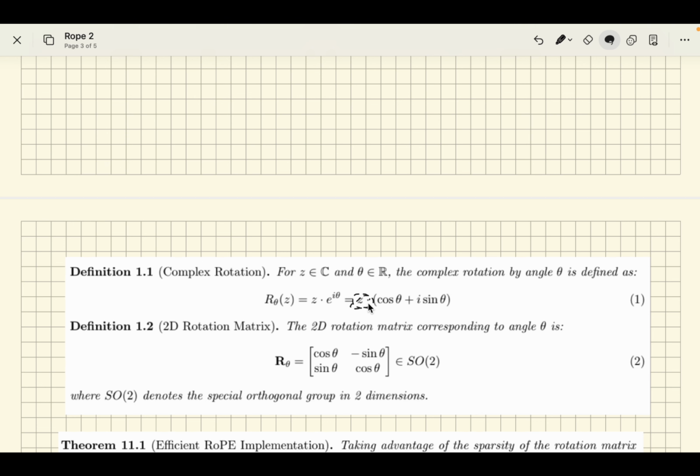If we imagine Z is x plus iy and multiply that, it's exactly the same as multiplying this matrix by the vector of x and y. That's technically what will happen.